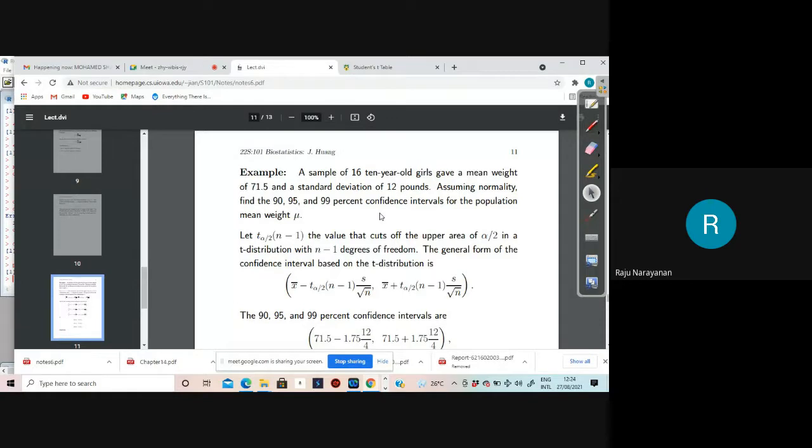Assuming normality, that is important. I forgot to tell you, the parent population should be normal. Assuming normality, find the 90, 95, 99% confidence intervals for the population mean.